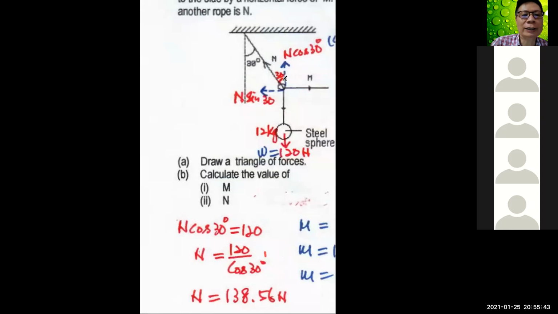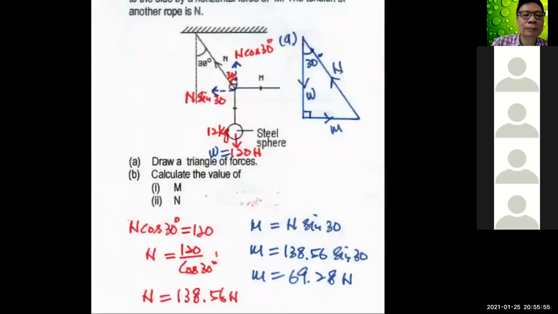Okay, another one to find is M. When going up is the same as going down, so the other one, you take one going to the right and one going to the left, same. Going to the right is M. M must equal this one going to the left, N sine theta. Correct or not? Just as we say up and down are the same, now right and left must be the same.